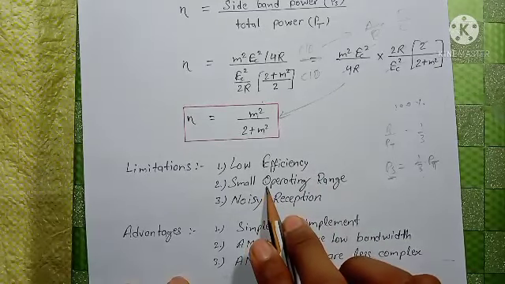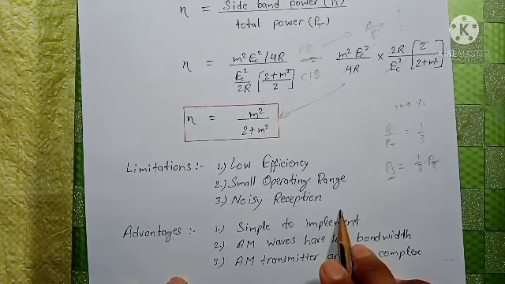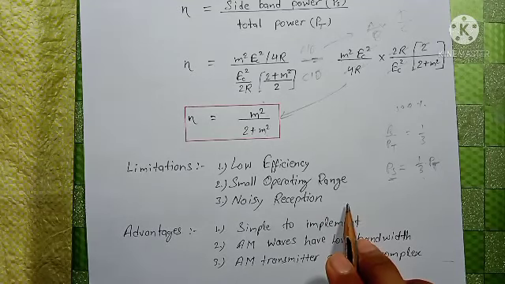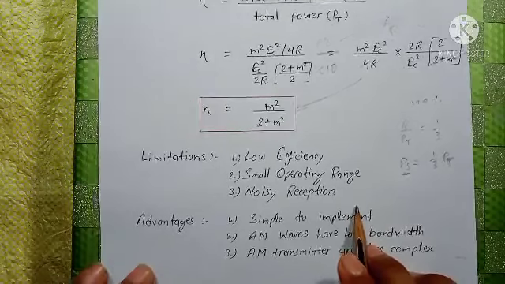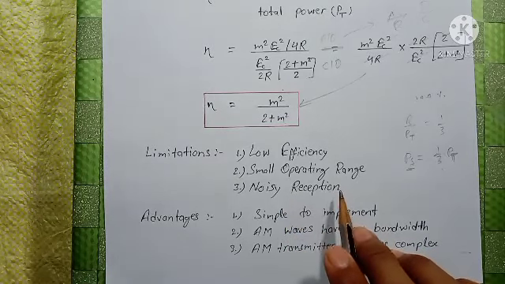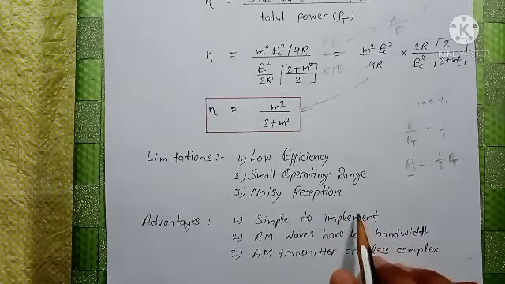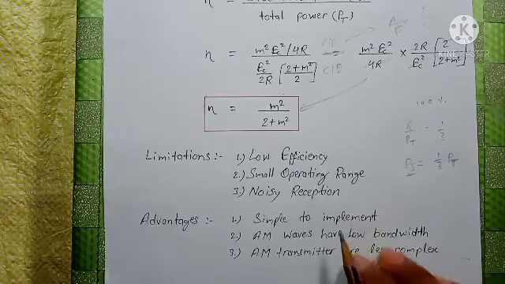Our second limitation is small operating range. The operating range of AM wave is very small, so messages can't be transmitted over larger distances. Our third limitation is noisy reception. AM detectors are sensitive to noise, so an amplitude modulated signal is prone to high levels of noise.